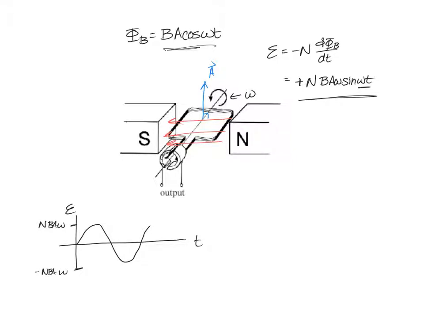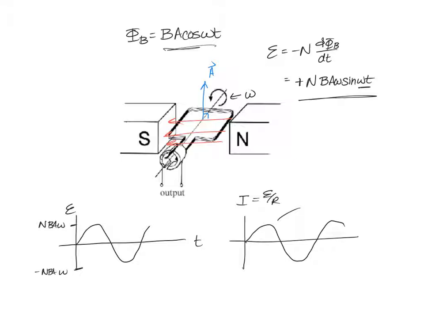And if you think about it, the current, I, is just the EMF over whatever the resistance would be, and so this is also going to be a sinusoidal function. And remember that omega gives you a sense of how quickly the sine function oscillates.